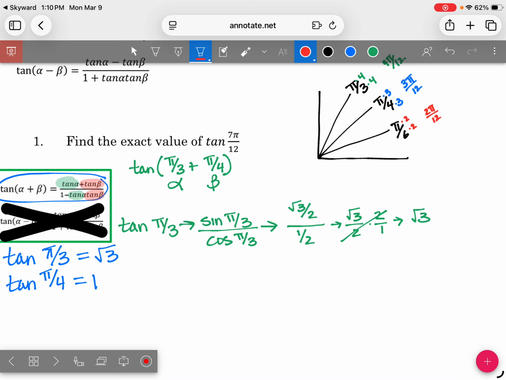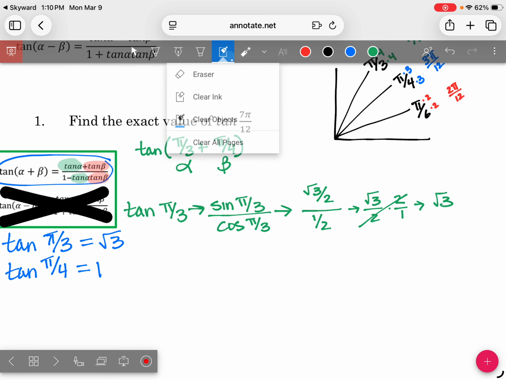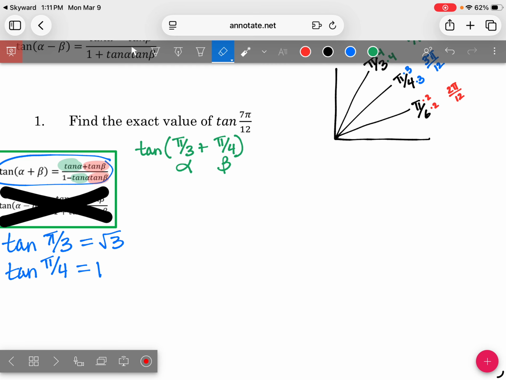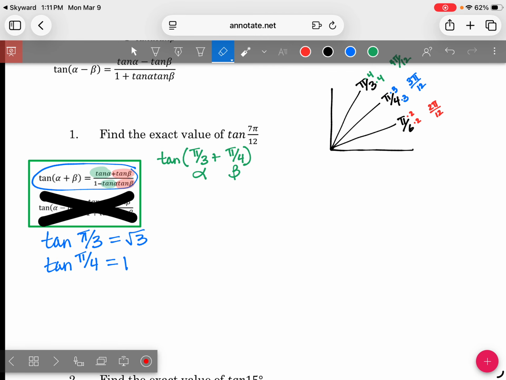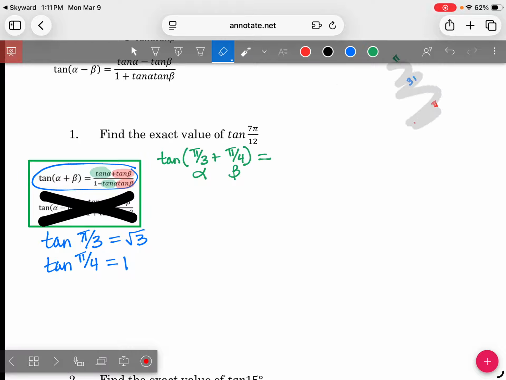So let me go ahead, let me erase some of this. Okay, so let's go ahead and do it. So tangent would be, so that's going to equal, okay, so we have root 3, let me erase this too. So we have root 3 plus 1.